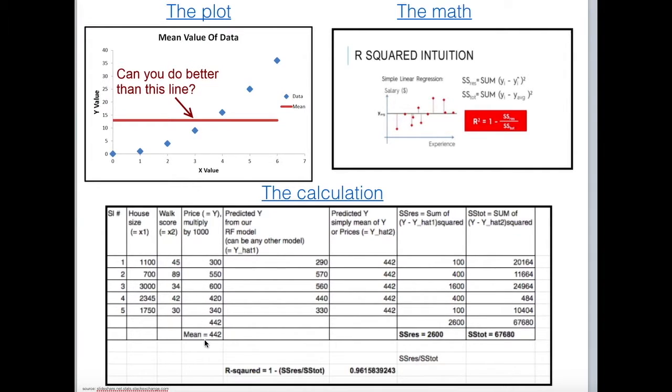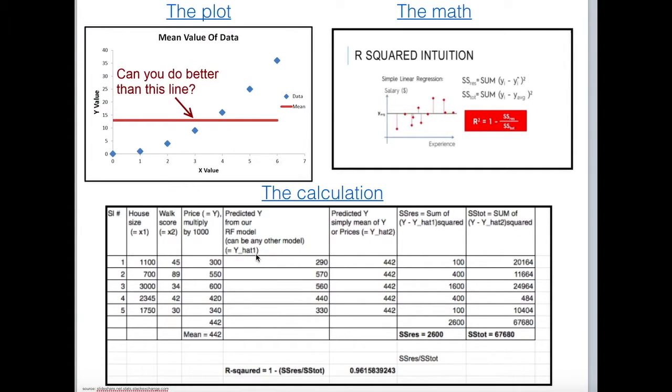And as you see, the mean value of all these 5 y values is actually 442. So this is y average, the value that you see here. That's the mean. And this is predicted y from our random forest model, or it can be any other model. Let me remind you, these are not actual predictions. This is just a toy example, and I have not used any kind of model to actually predict those values of y.